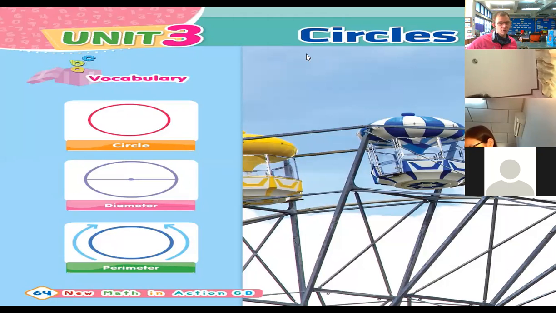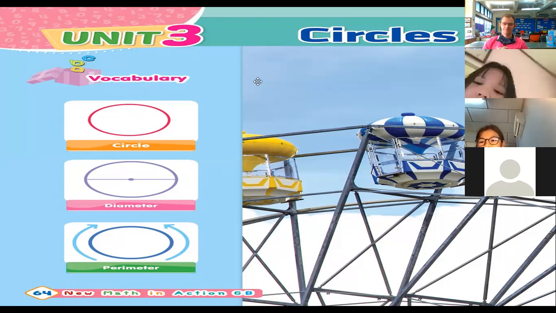Today we're going to start with Unit 3, circles. The circle is a very interesting shape and it has a lot of uses in the real world. If you look at a lot of objects around us, a lot of them have circular shapes.